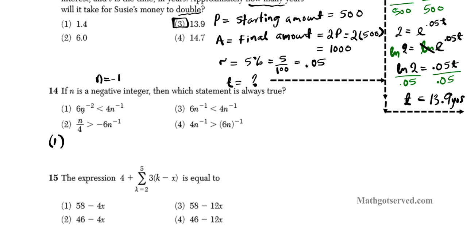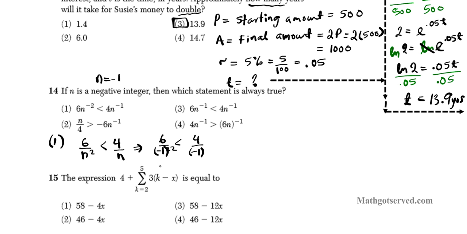All right, so option one, 6n to the -2 can be written as 6 over n squared. Is that less than 4n to the -1, which can be written as 4 over n? So if I plug in the values, is 6 over -1 squared less than 4 over -1?